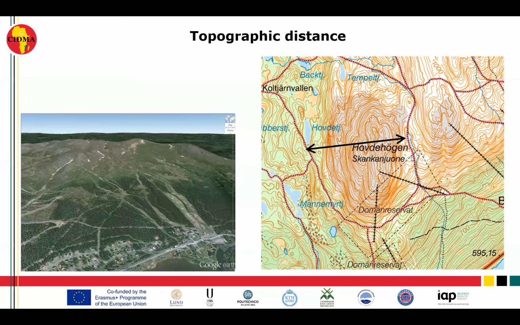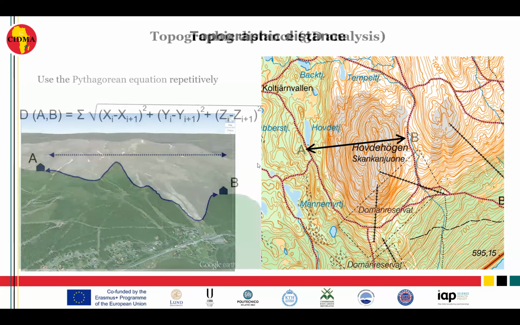If we're out hiking, we know that sometimes we have high mountains, or at least a hill that we need to pass, and we may go around it, but if we go over it, it will be a short horizontal distance, but then we would need to add the topographical distance to it by moving up the mountain and down the mountain.